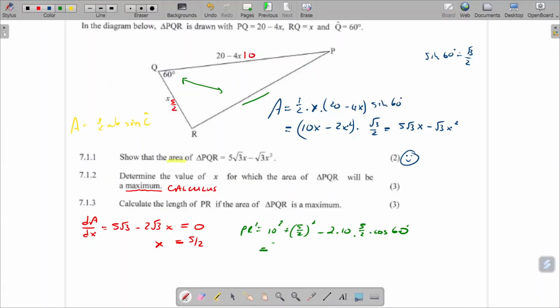So 100 plus 25 over 4, minus 50 times cos of 60, equals 325 over 4. And the square root of that gives an answer of 9.01.